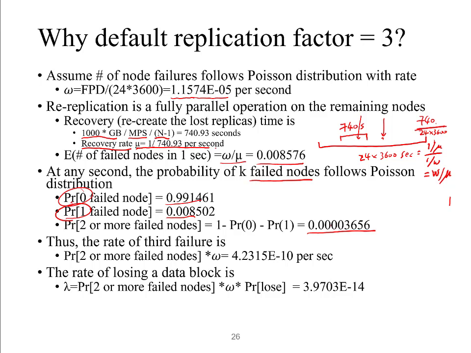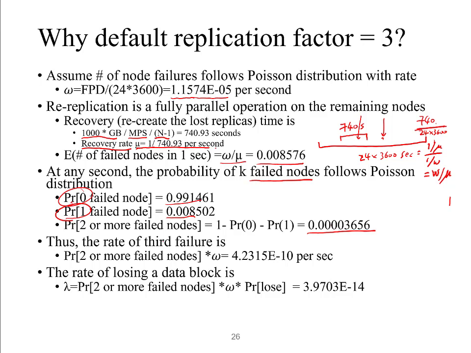Remember, when we already have 2 or more failed nodes, say 2 failed nodes, and the third failure happens, there is no way you can recover the block if all the replicas of that block happen to be distributed on these 3 failed nodes.